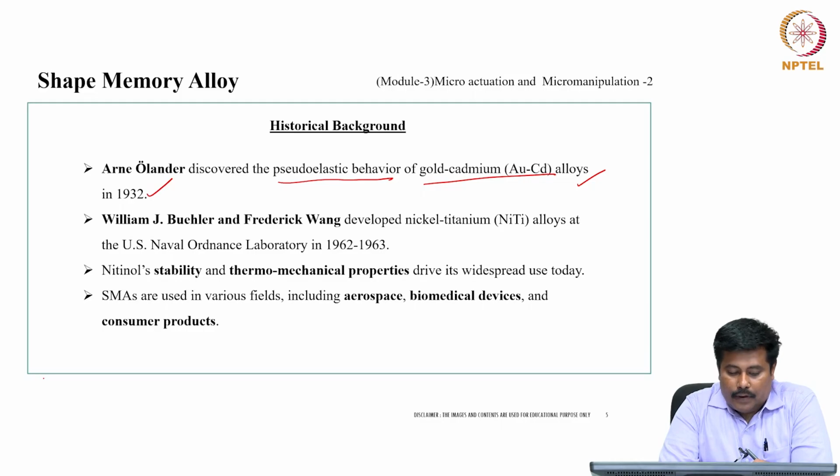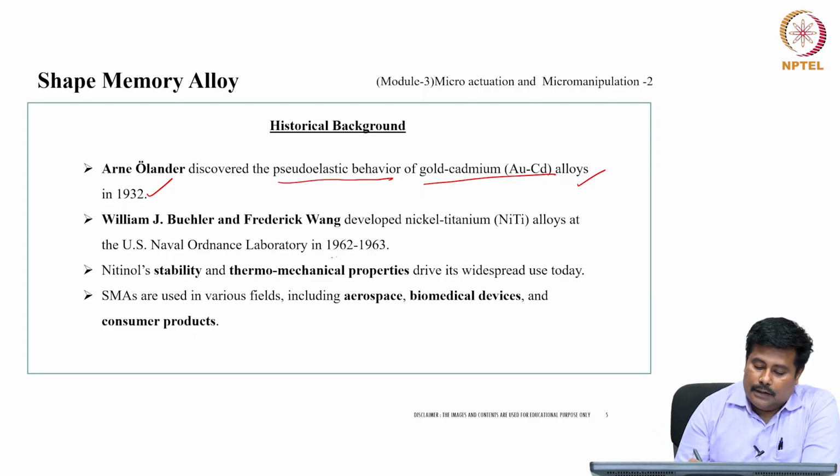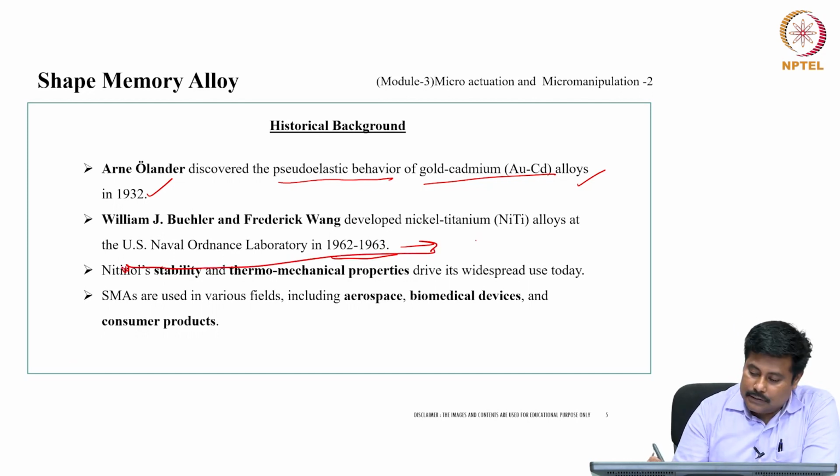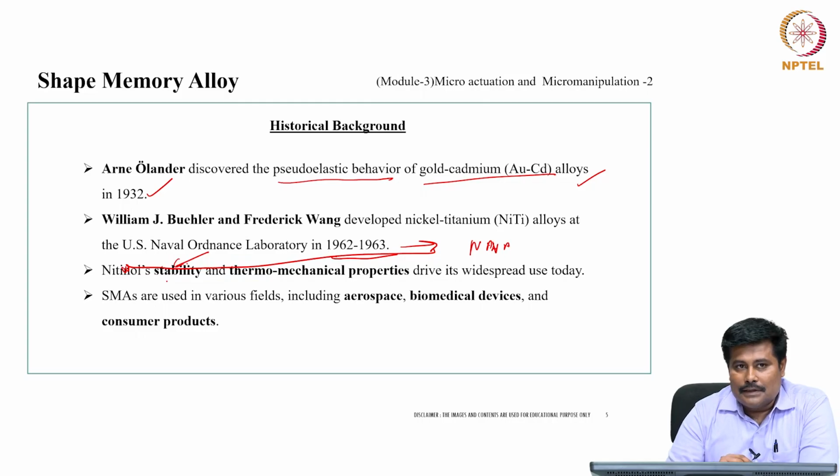Later, William Buehler and Frederick developed nickel titanium alloys for the Naval Ordnance Lab in 1962 to 1963. This is exactly the point where nitinol came into existence. In fact, since it is called Naval Ordnance Lab, this nitinol is derived from the Naval Ordnance Lab.